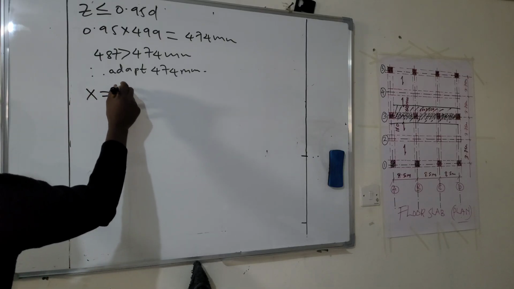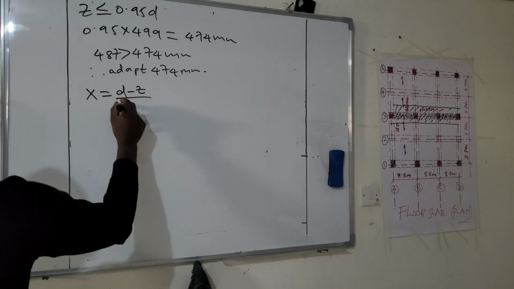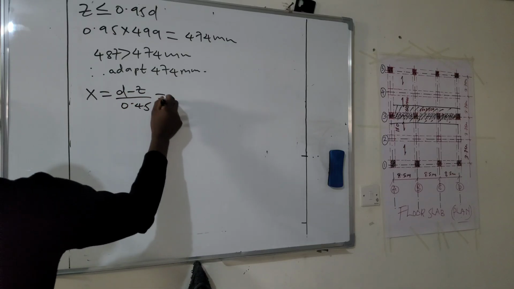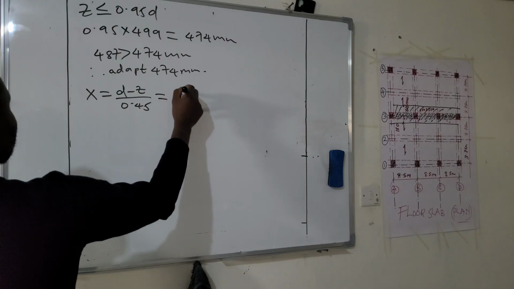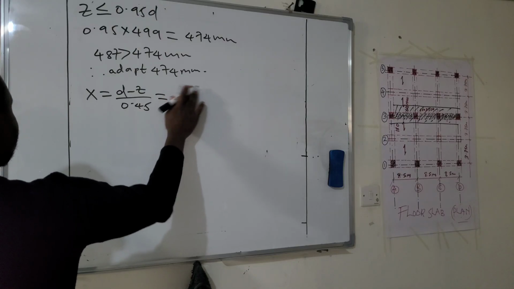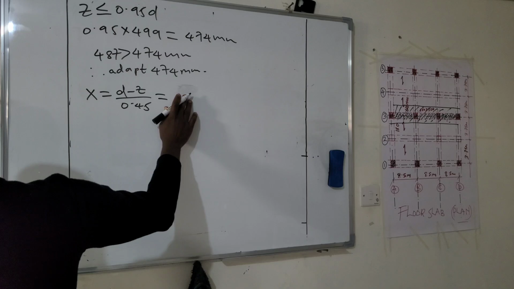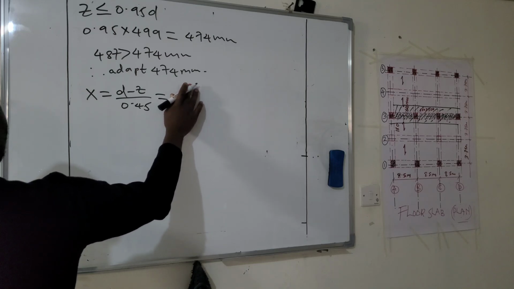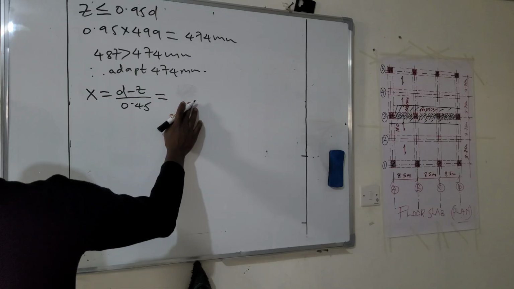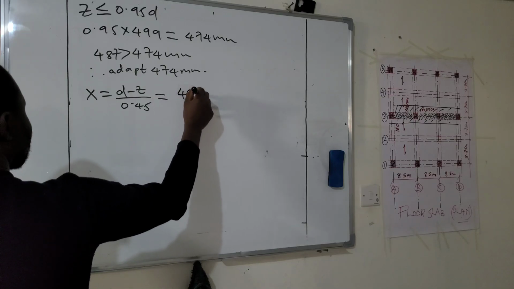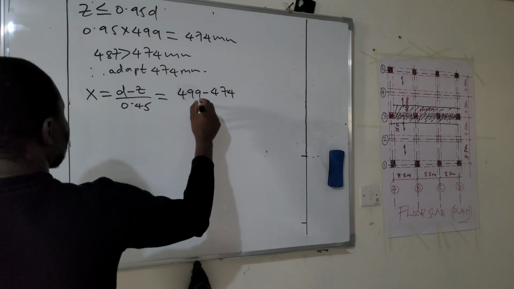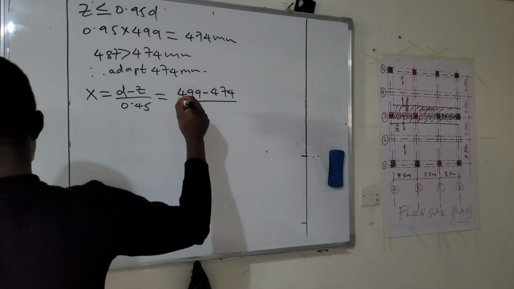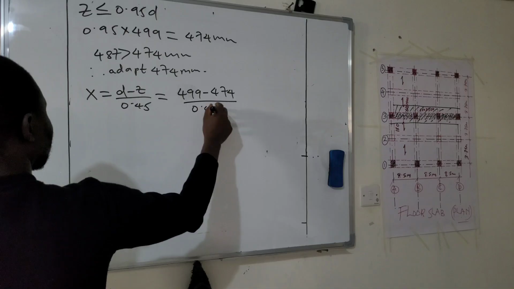X is equal to D minus Z over 0.45. So this one is equal to, D is 499, minus 474, over 0.45.